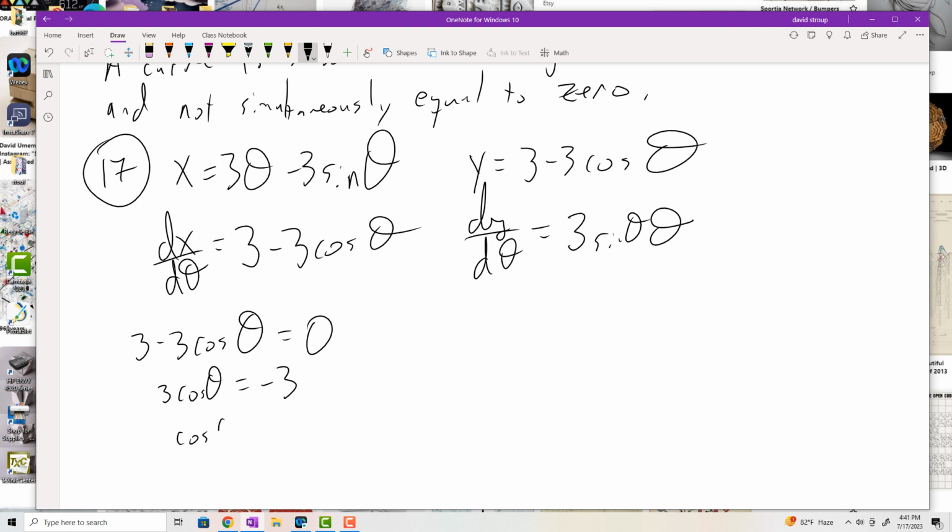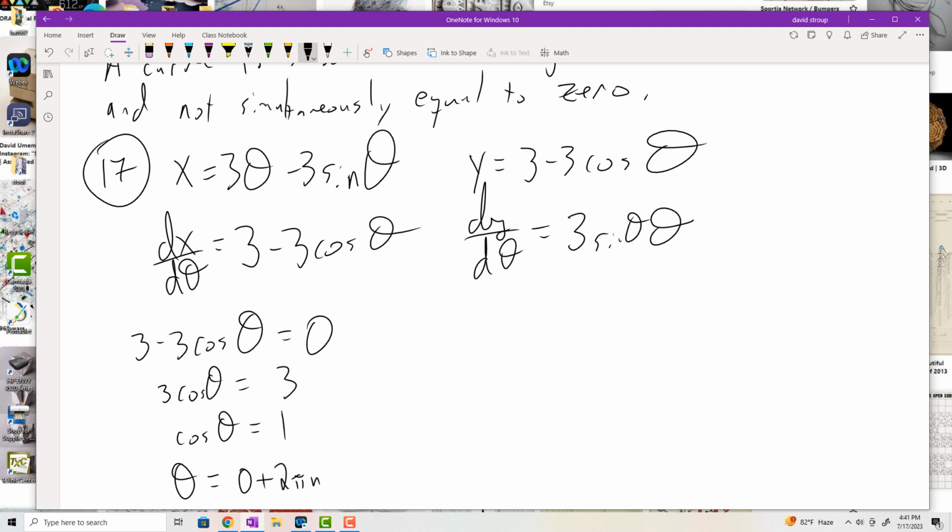I'm looking for where cosine theta is equal to, did I screw up the signs there? So it should be positive 3. So where is cosine theta just equal to positive 1? Of course, that would be where theta equals 0 plus 2 pi n.